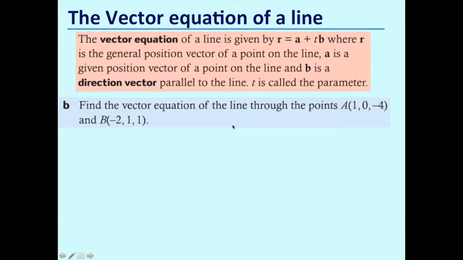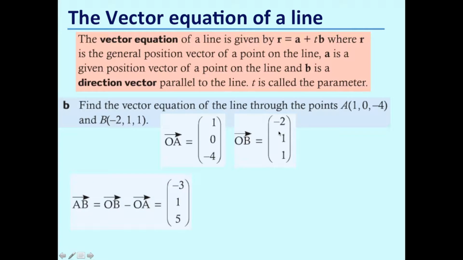For part B, find the vector equation of the line through the points A and B. So here we're going to need to recognize that if we know it goes through the point A, we can express OA as 1, 0, negative 4, and if it goes through B as well, we can express OB as negative 2, 1, 1.